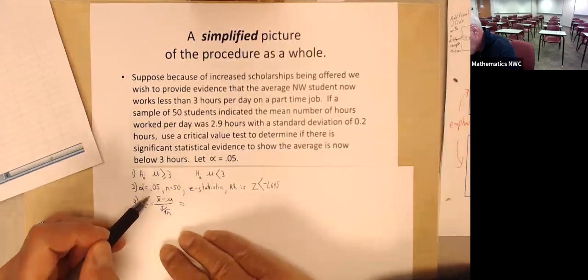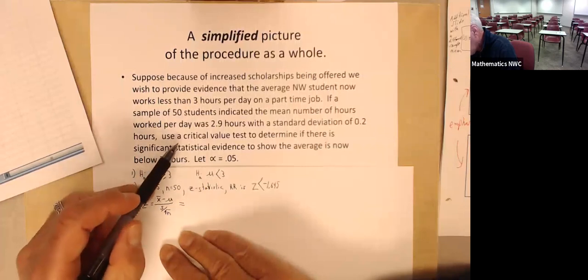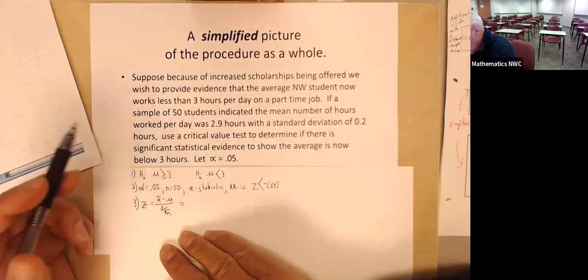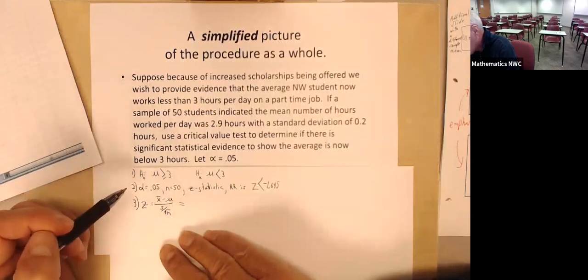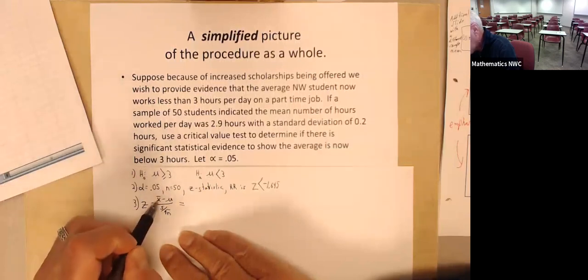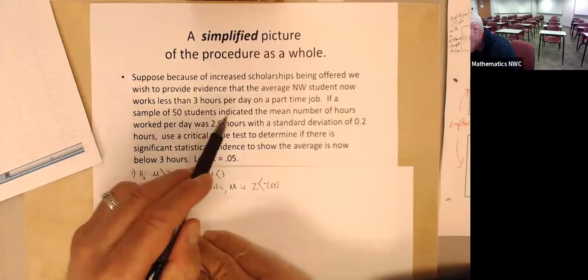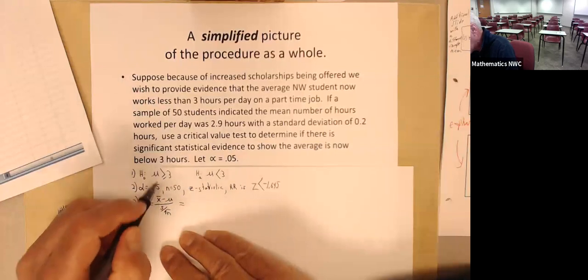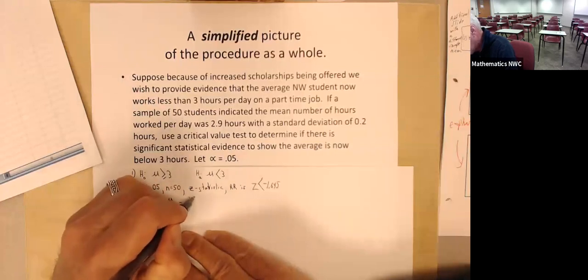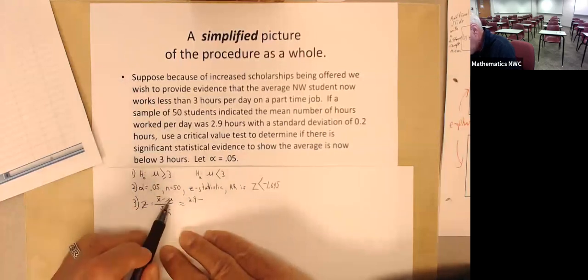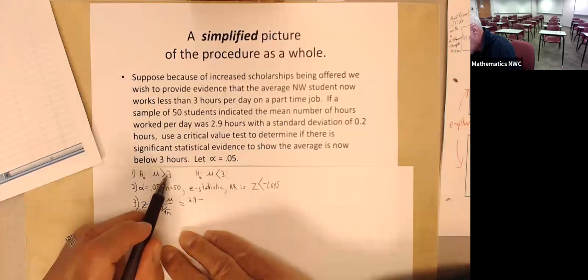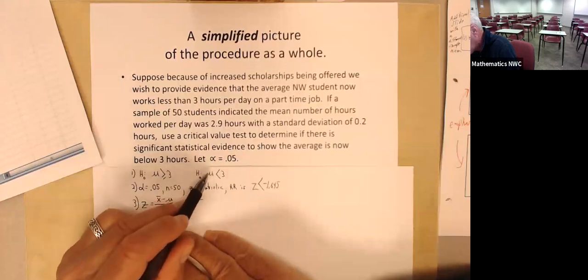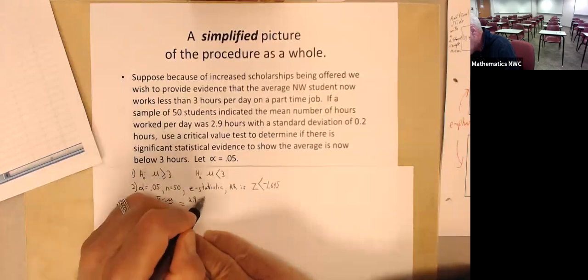That formula is always the same for a z when I'm looking at means. Proportions would be something different. So my sample mean, we found right here to be 2.9. That's my x bar. The mu, the population mean, is always the number in your null and alternative, which in this case is 3.